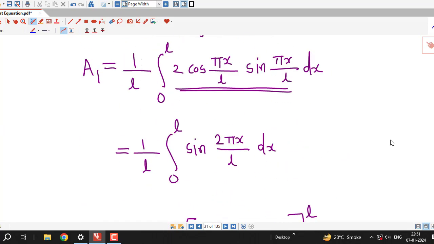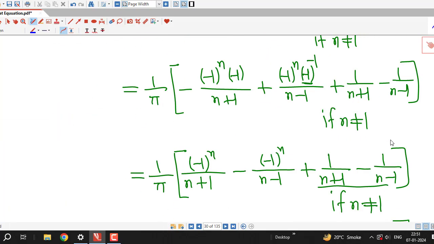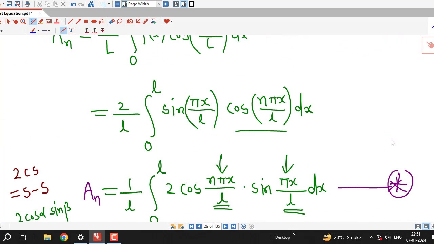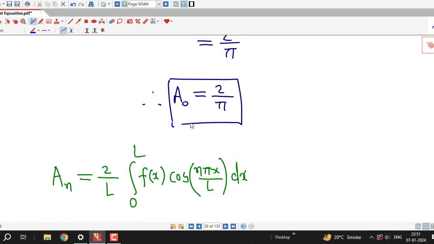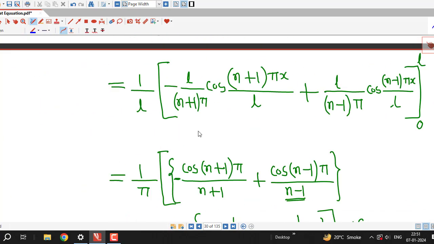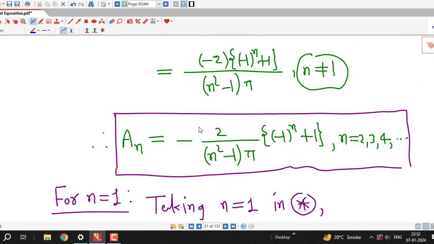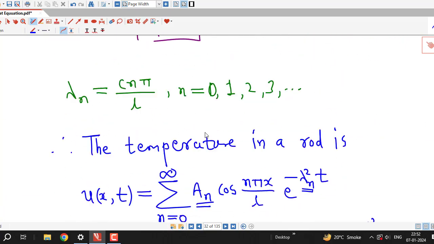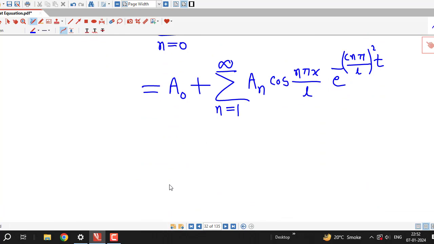Now what is a0? a0 we have obtained separately. I think it is 2 divided by pi. So first we have to write a0, then an. So let me write a0 here. It is 2 divided by pi. And a1 we have obtained separately, but a1 is 0. So here instead of writing from n equal to 1 to infinity, I will write n from 2 to infinity.